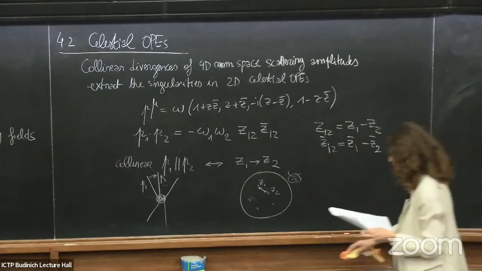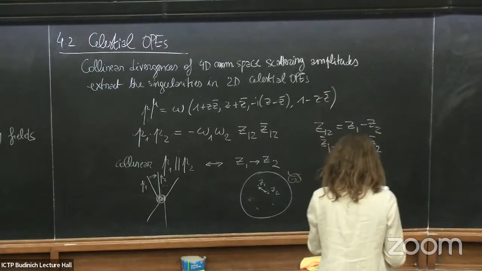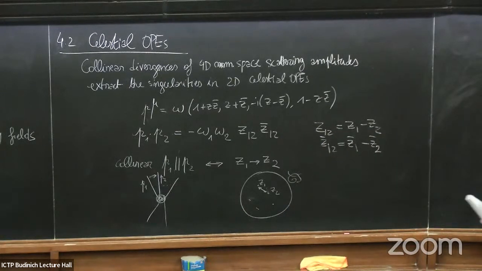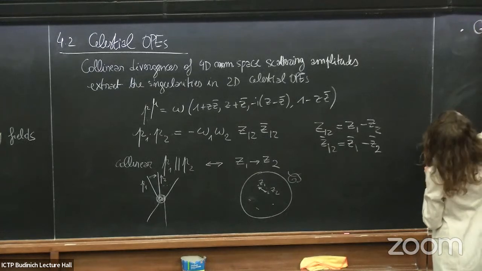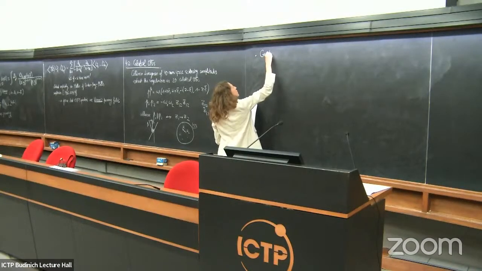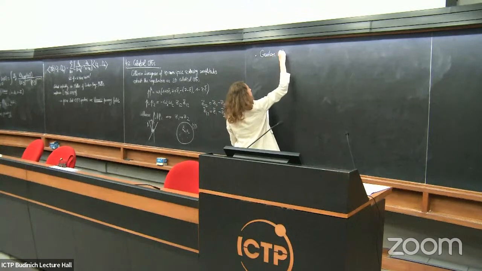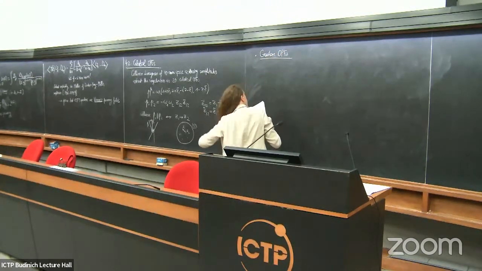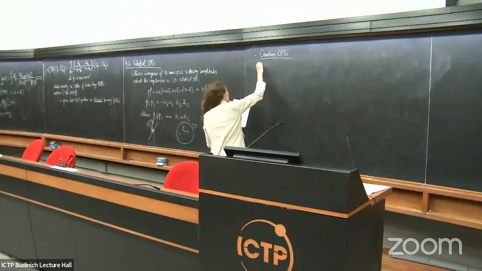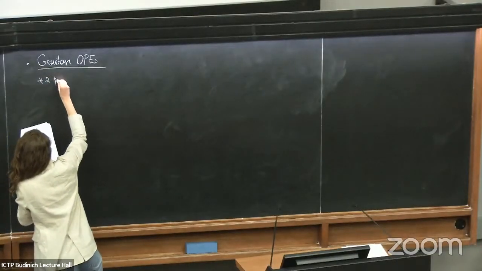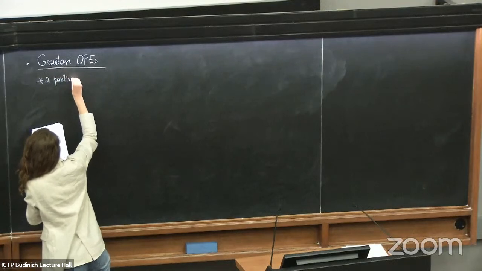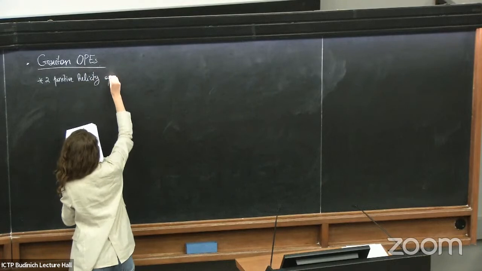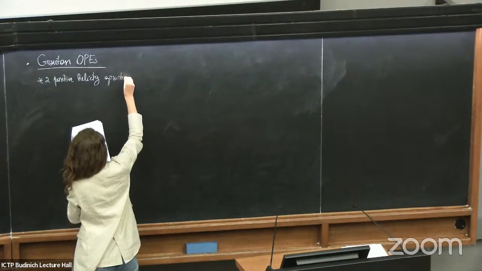But let me just mention a few results on that. If you want to derive graviton OPEs, you can do so. Let's take, for simplicity, two positive helicity gravitons.